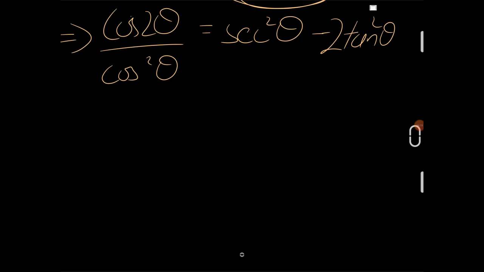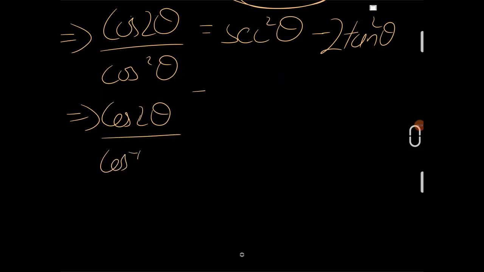This implies cos 2 theta divided by cos square theta is equal to, sec square is 1 plus tan square theta, minus 2 tan square theta.